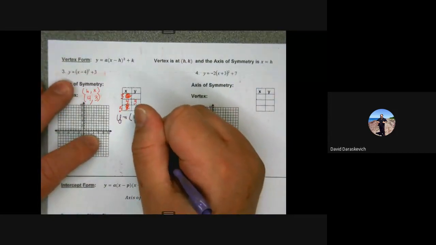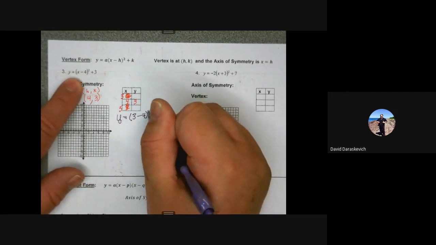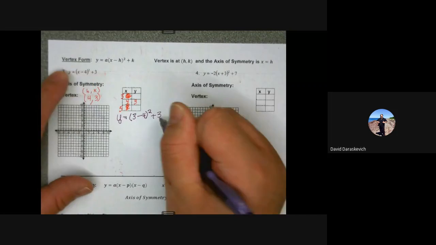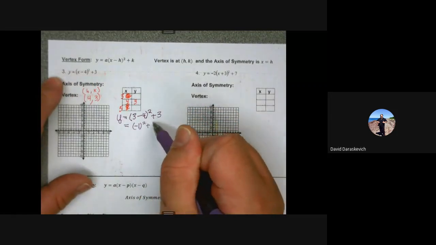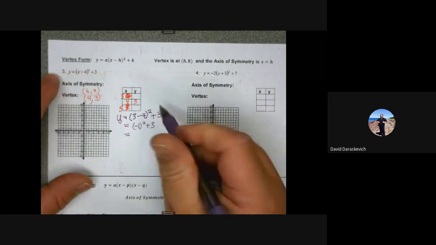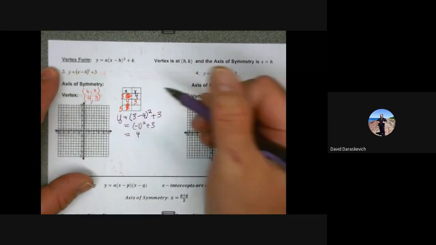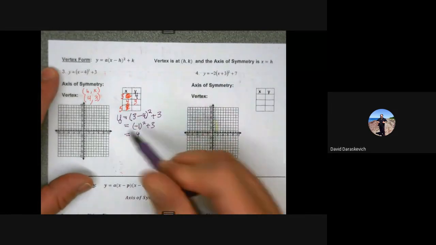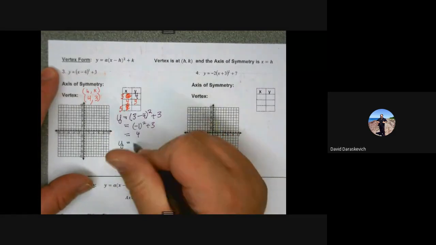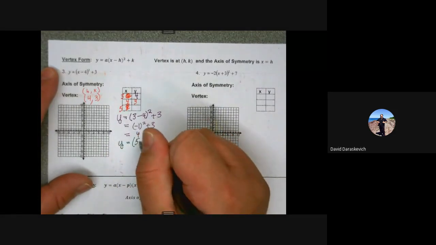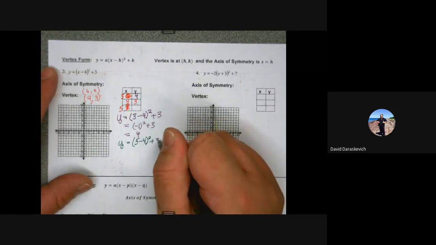So I'm choosing 3 for my x: 3 - 4 squared plus 3. So I get -1 squared plus 3, which equals 4. I have 3, 4, and then I have to do the same thing for 5. So 5 - 4 squared plus 3.